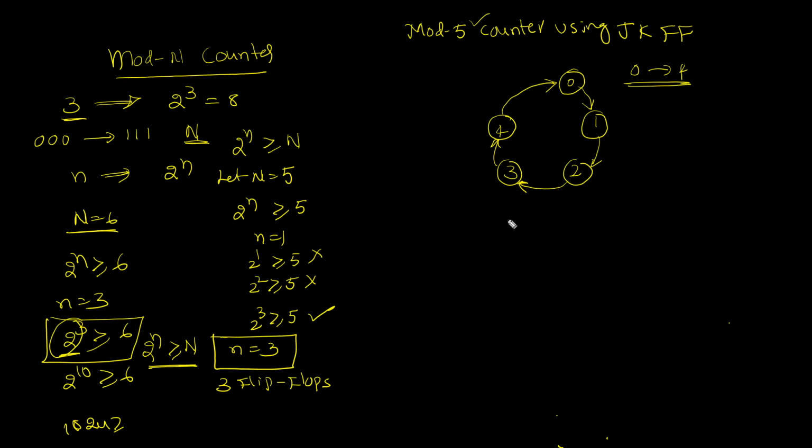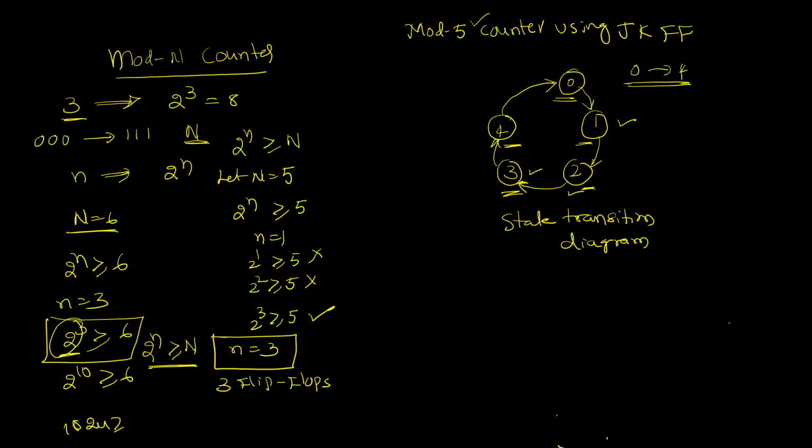Now this is called the state transition diagram, how exactly it moves from one state to another state. If present state is 0, next state is 1. If present state is 1, next state is 2. If present state is 2, next state is 3. If present state is 3, next state is 4.